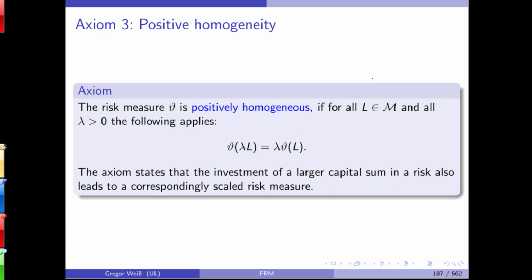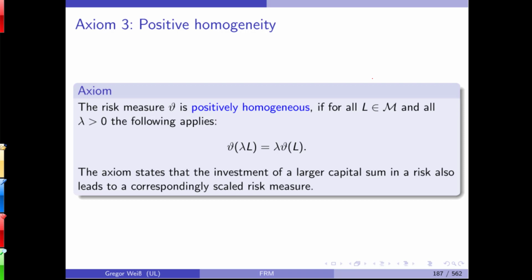Positive homogeneity. The risk measure is positively homogeneous. Not heterogeneity, homogeneity. It is positively homogeneous if for all risks L and all lambdas the following applies.